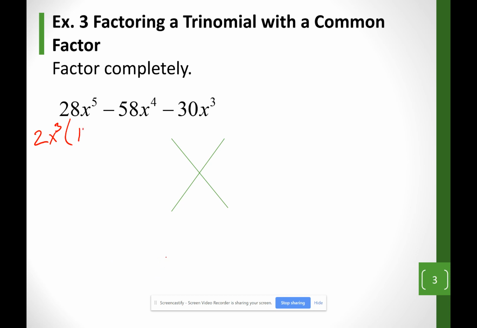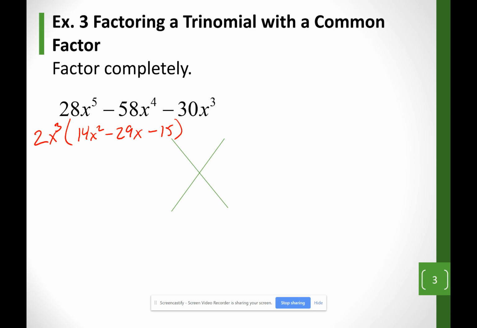So I have 14x squared minus 29x minus 15. Numbers are a little bit big still, but at least it's easier for me to go 14 times 15 than 28 times 30.